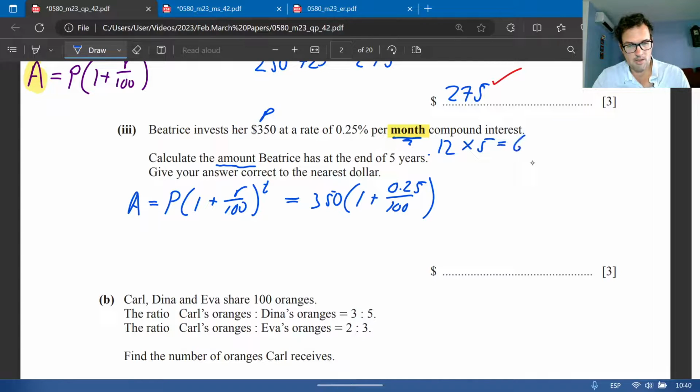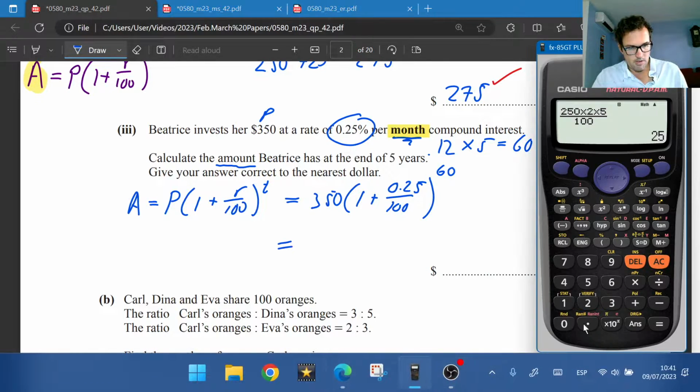So that is 60 calculations, so it's to the power of 60. The time in this case is 60 months, not 5 years, because the rate is given as a monthly rate. So this is where the booby trap is.